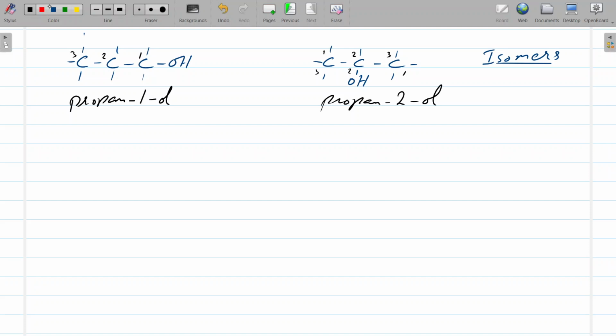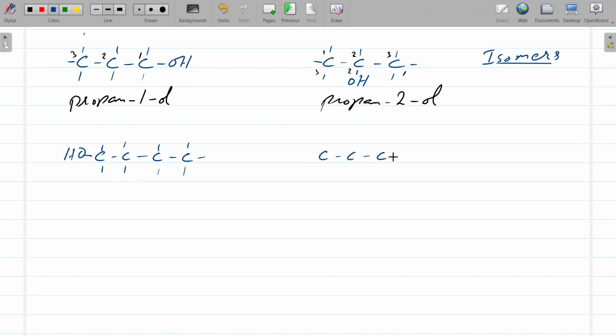Let's do another. Right, it's a 4-carbon alcohol. What is it called?